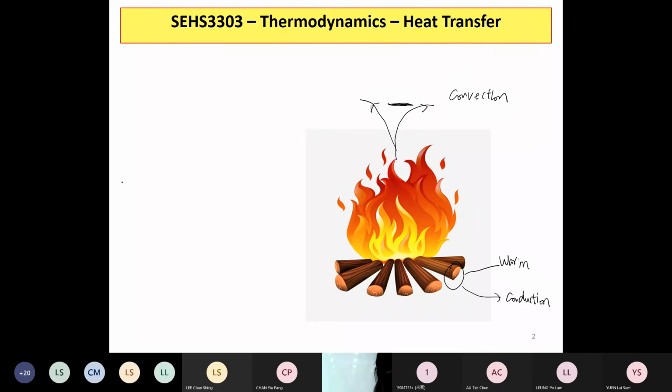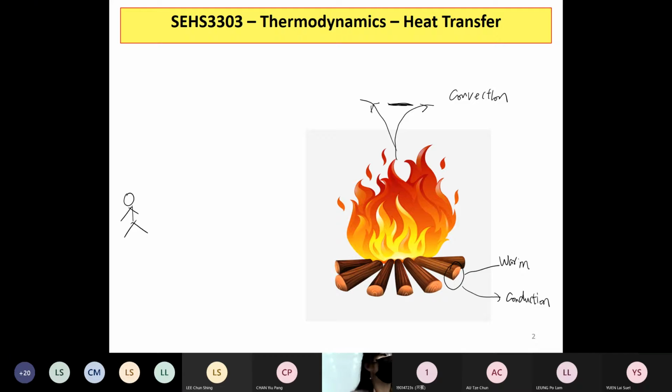If you stand away from the fire, the distance is far enough that you can neither feel the conductive heat transfer from the fire and the firewood, nor feel the convective heat transfer by the hot air, the burned air.